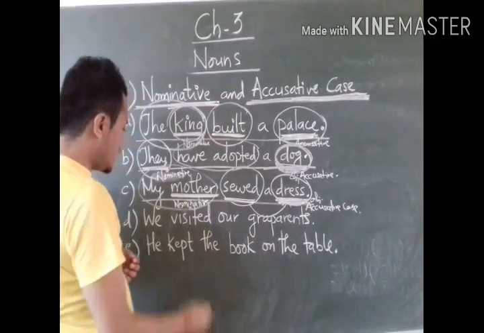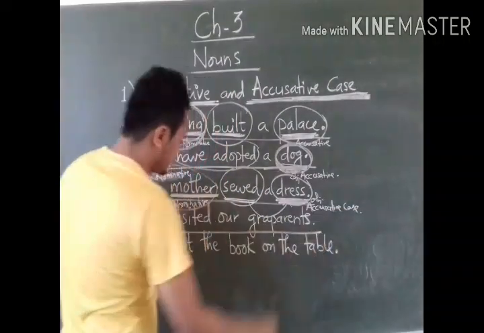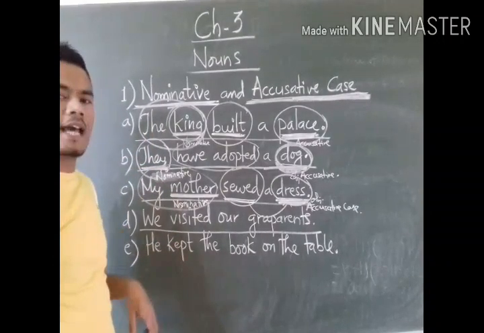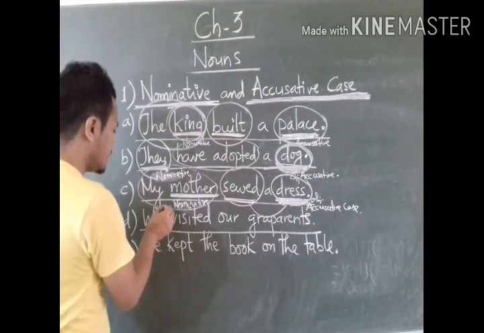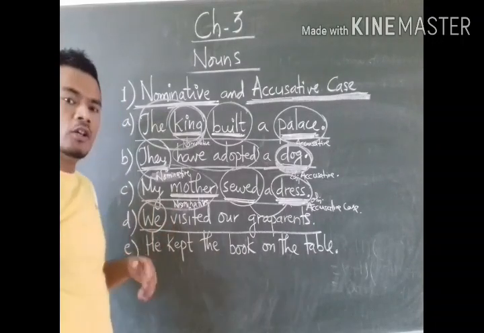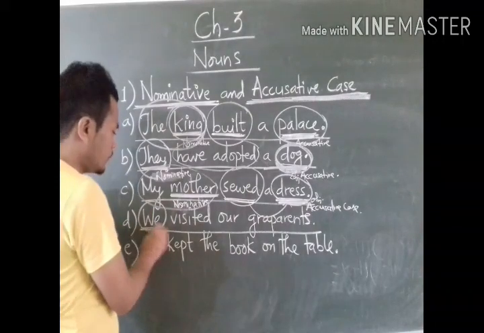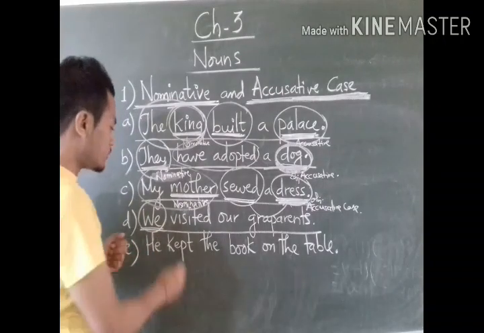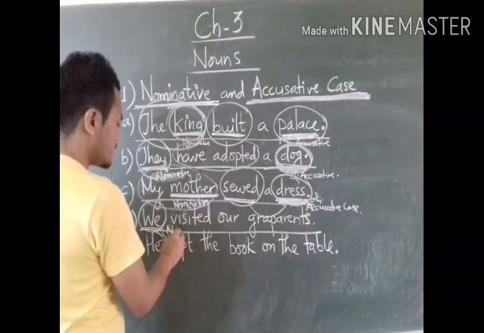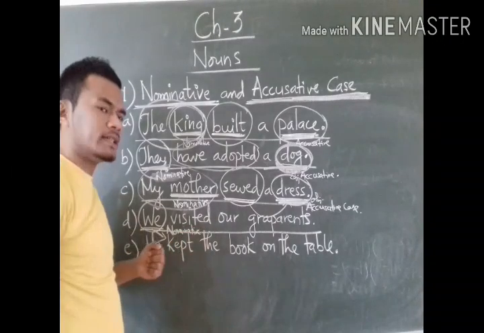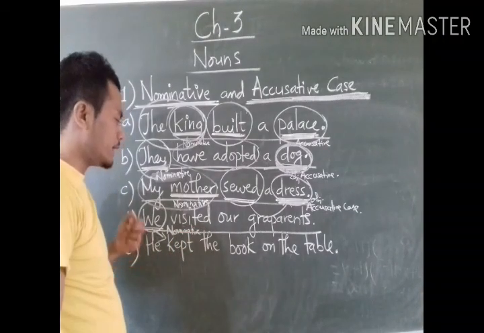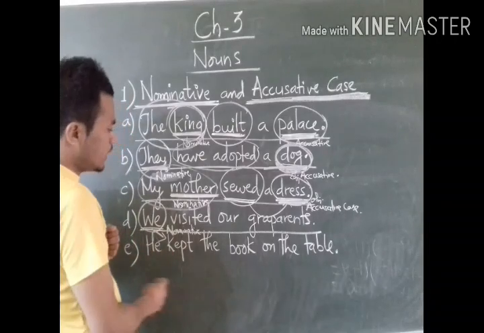Okay, understood. Now come to the next example. We visited our grandparents. The sentence is about we. This is a pronoun. Being a pronoun, we is used as the subject, so it is nominative case. Okay, nominative pronoun.